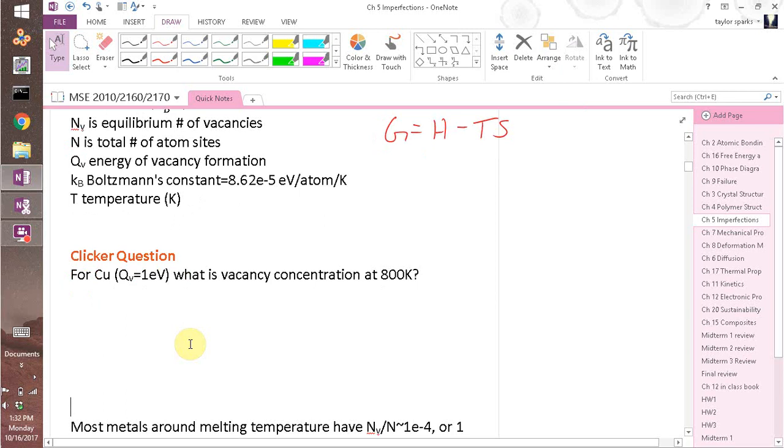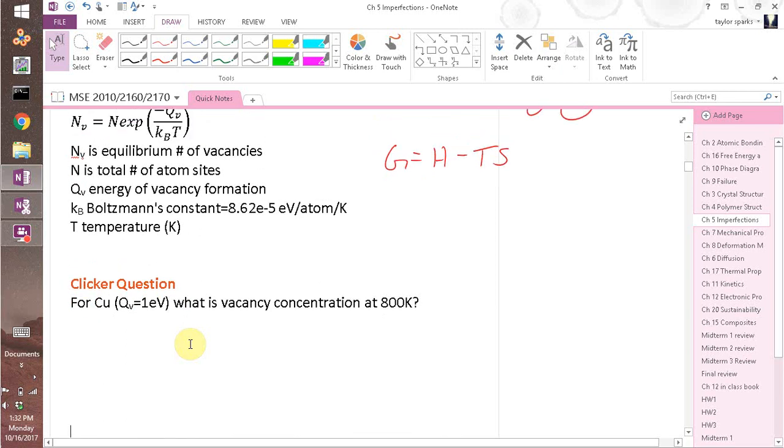Let's do this one, and our clickers are not working until I get my laptop back. But for copper, the activation energy for vacancy formation is 1 electron volt. So what would be the vacancy concentration at 800 Kelvin?